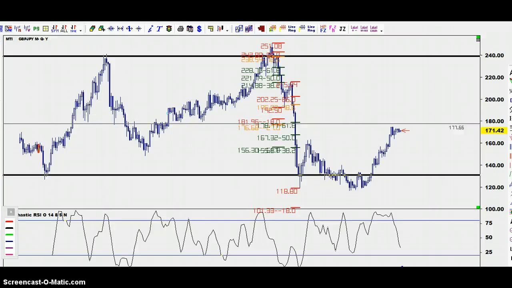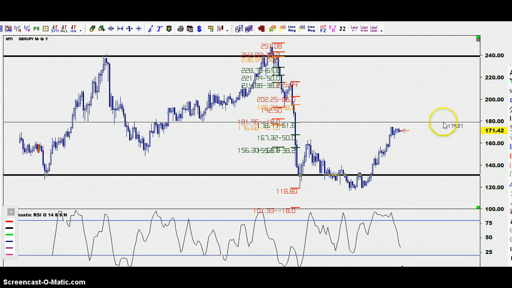There is a level of past support, future resistance around here. You could see it's had some interaction here, it has some interaction here, it's had loads of interaction here and here.